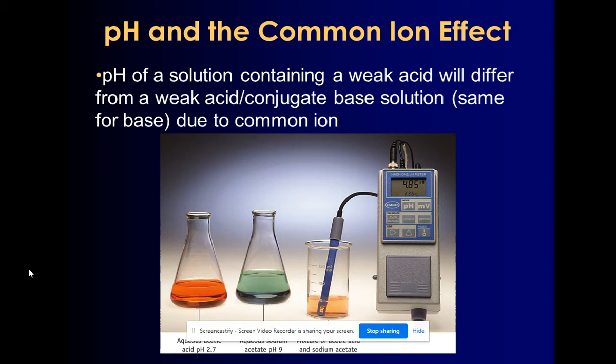We did see this a little bit with our Ka lab. We had the weak acid, we dissolved it and split it in half, and then we added the base to it until we caused the color to change. So the pHs differed depending on whether we were dealing with just the weak acid or just the conjugate base.